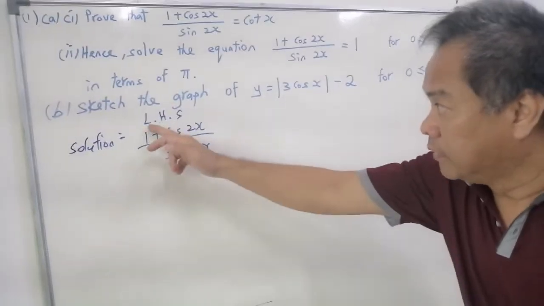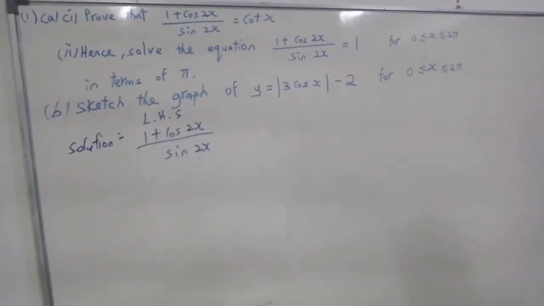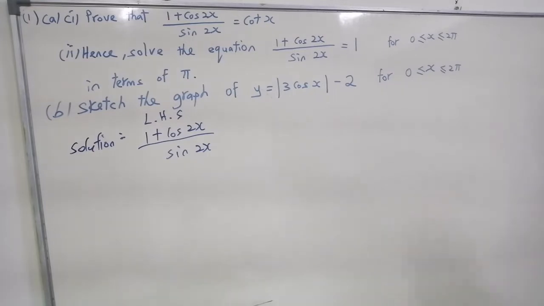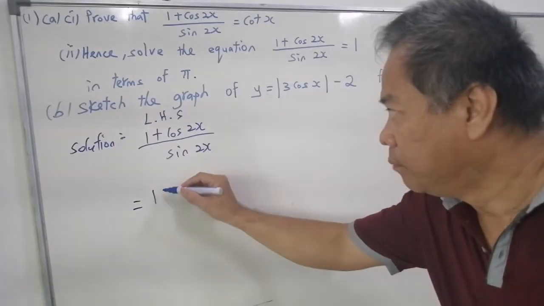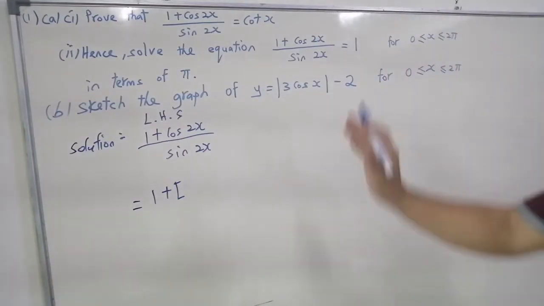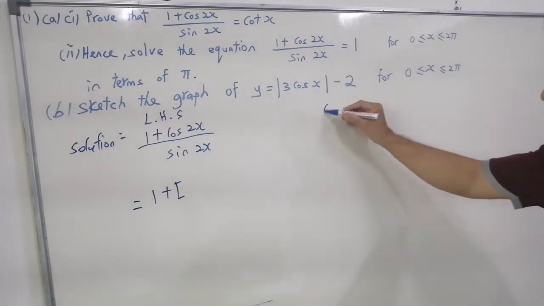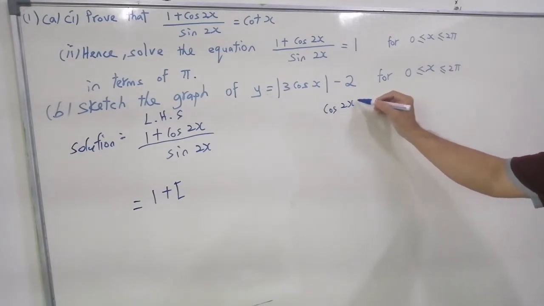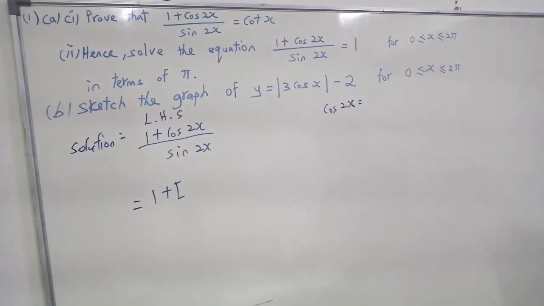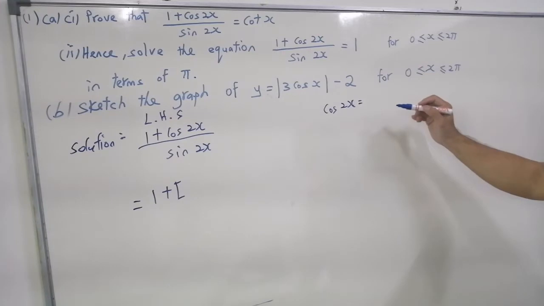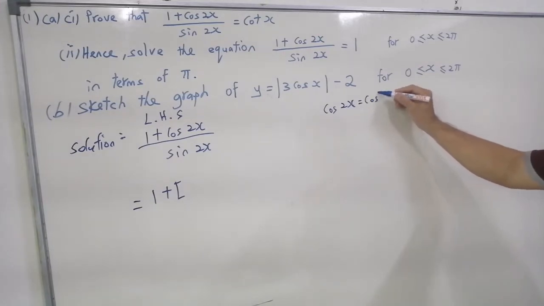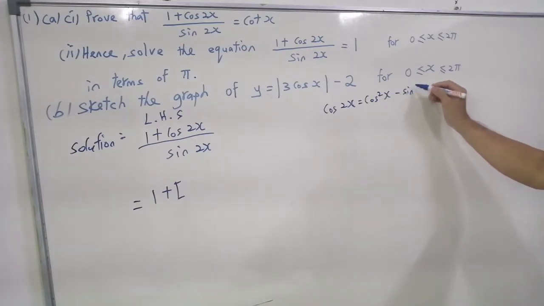Left hand side: 1 plus cos 2x over sin 2x. You have studied cos 2x already. You have 3 formulas. The first formula is cos square x minus sin square x.